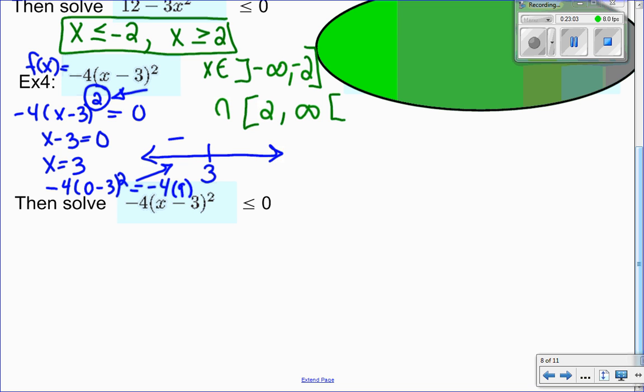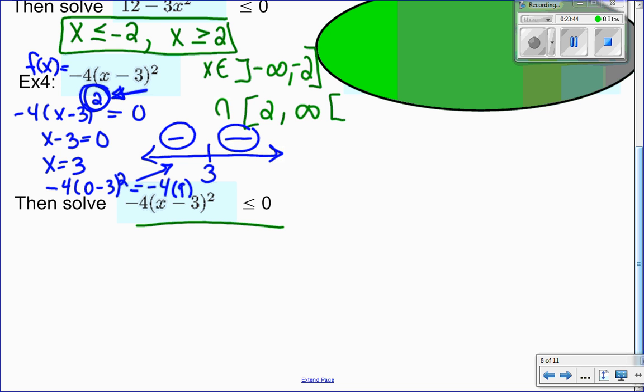And because our 0 is squared in the original function, that negative is going to repeat itself. It's not going to alternate in our sign diagram. So because this is an even power, these are going to repeat themselves before and after that 0 of 3. Okay, so we've got negative and negative, which means if we wanted to solve this inequality, above is the sign diagram of that function.